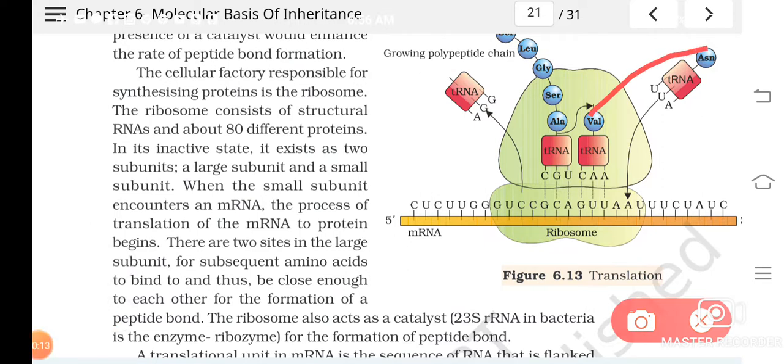After that, the first tRNA will get detached, and the second one that newly came will shift to the next site, and a new tRNA with a new amino acid will come to the acceptor site. Understood? So in this way, the elongation process takes place.